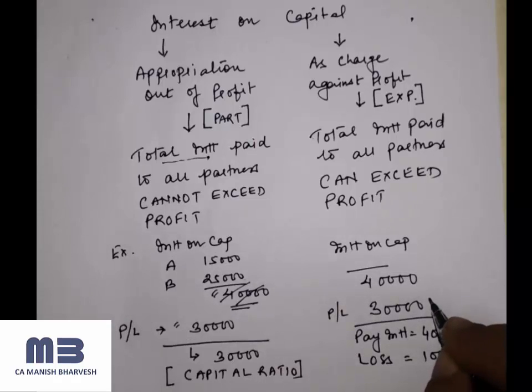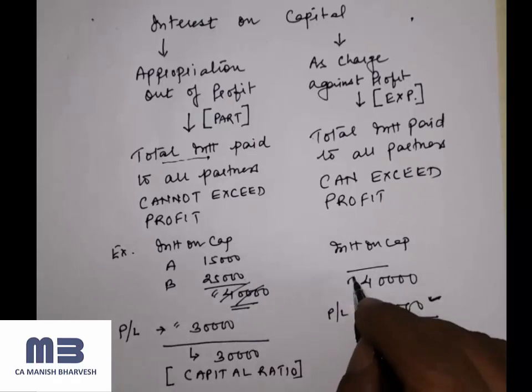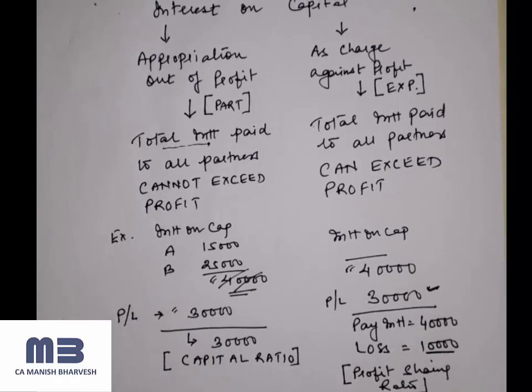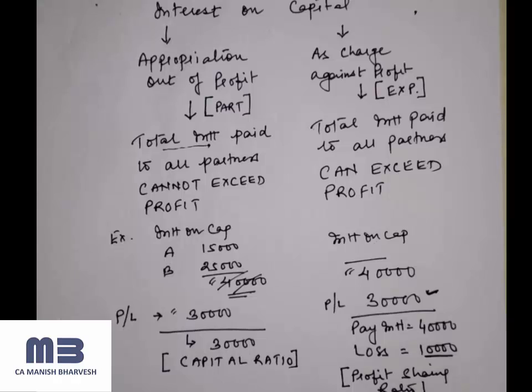You have a profit of 30,000, still you are paying 40,000 to the partners. There will be a loss of 10,000 which will be borne by them in their profit sharing ratio.